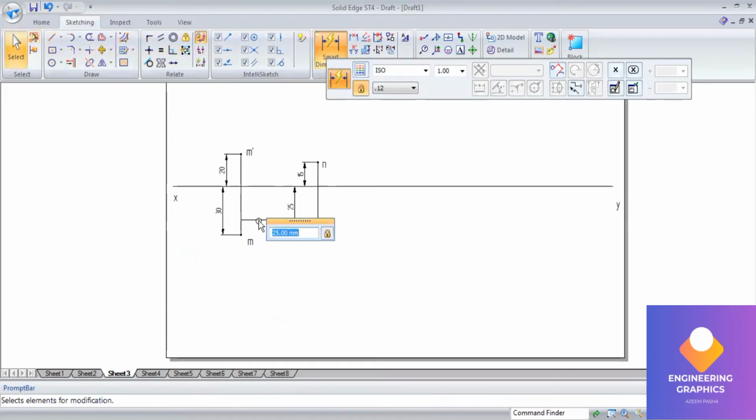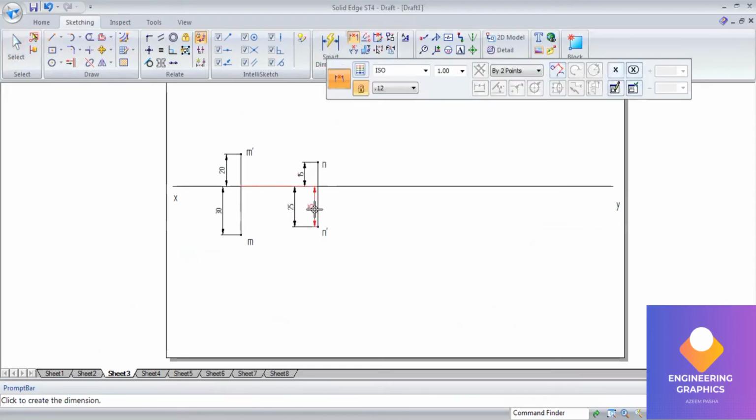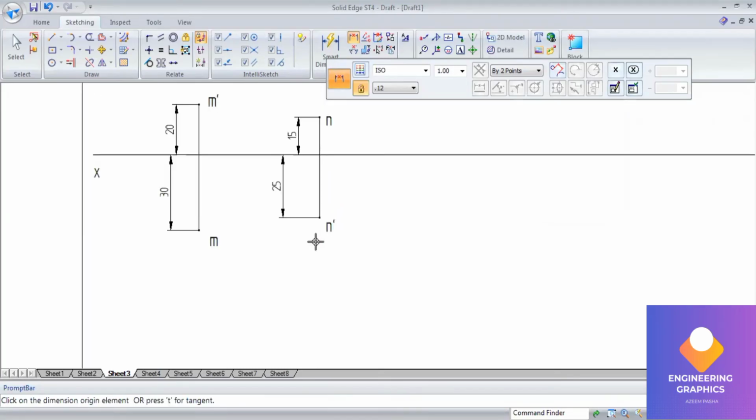Now I will delete this line and show the distance using the distance between command. I'm not getting it exactly here, don't know why. From the top face I'll select. That's from this end.